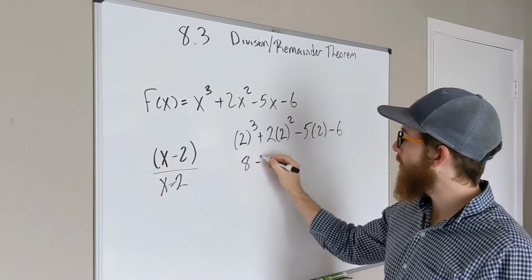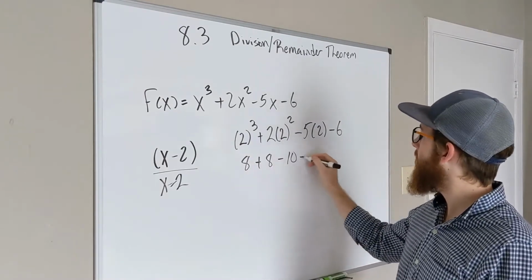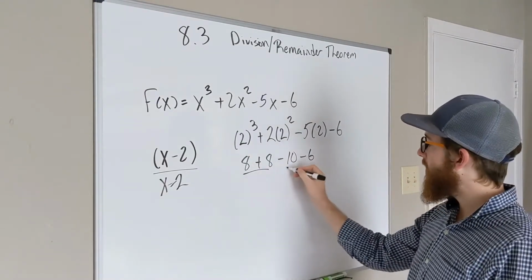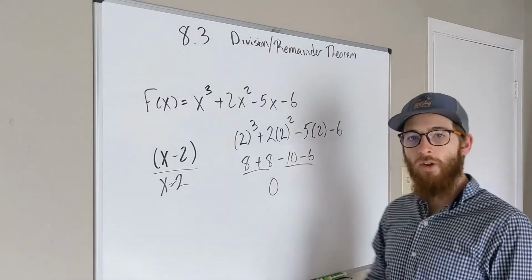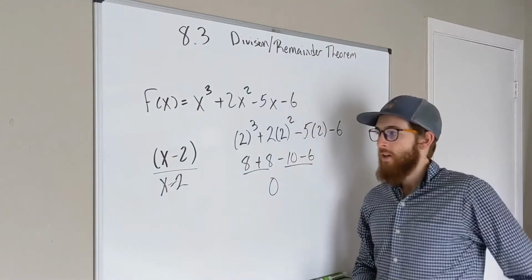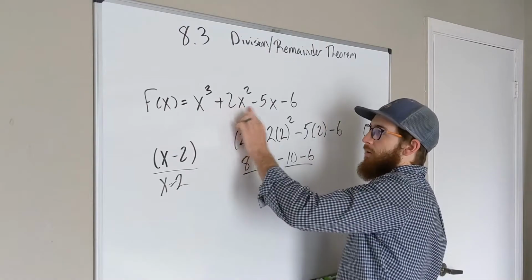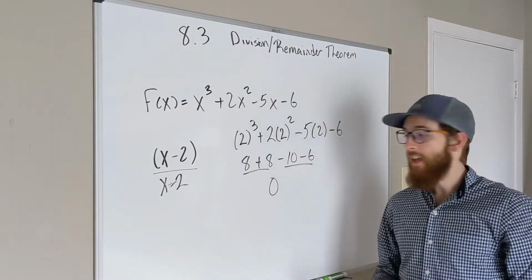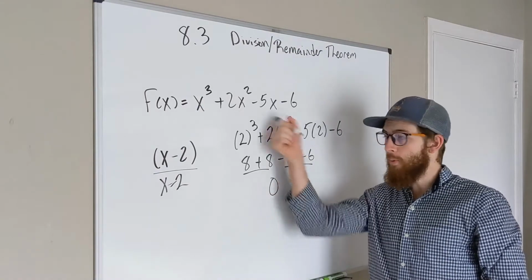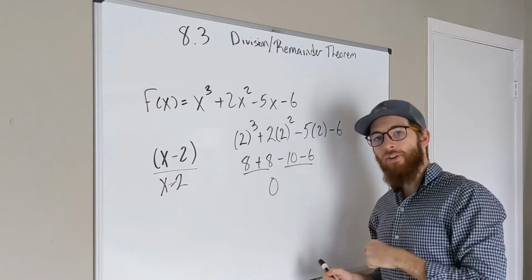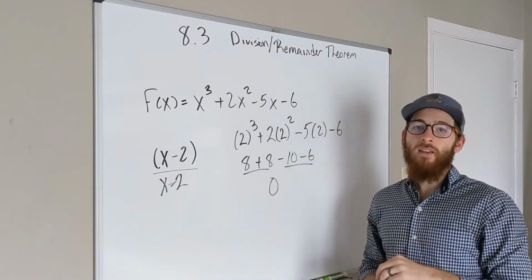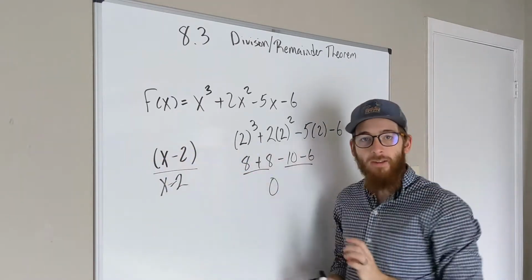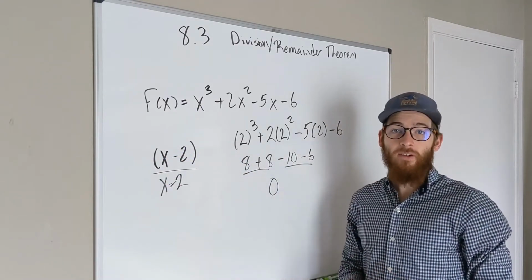That's 8 plus 8 minus 10 minus 6, 16 minus 16, 0. So whether we plug in the value or do synthetic division, if we get 0 when we plug it in, or a remainder of 0, then the thing that we divided by is a factor.